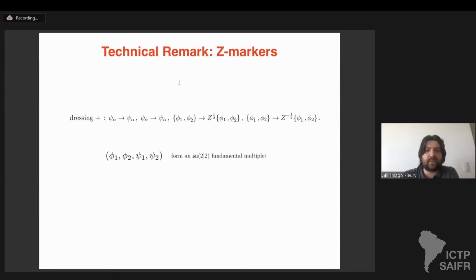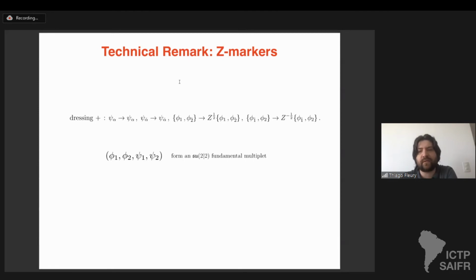So the prescription is to average between this dressing plus and this dressing minus. The explanation of these Z markers, we still do not know how to justify this, but it's very nice: if you don't put them, your integrand has some branch cuts, is very badly behaved.